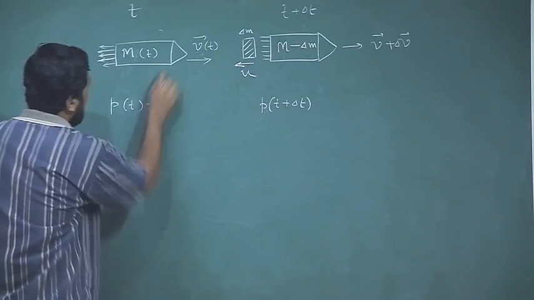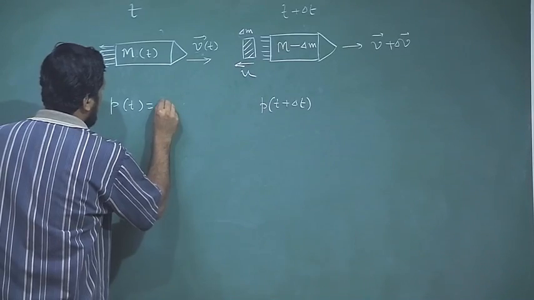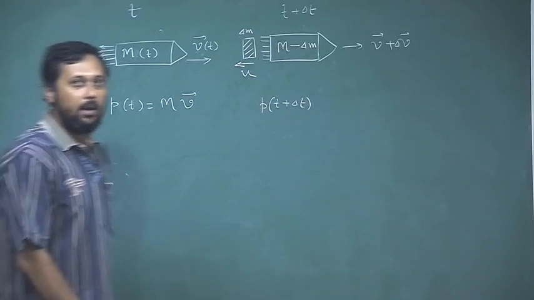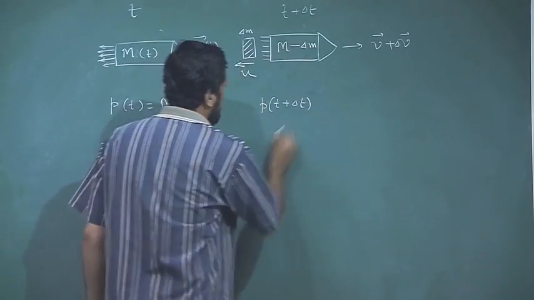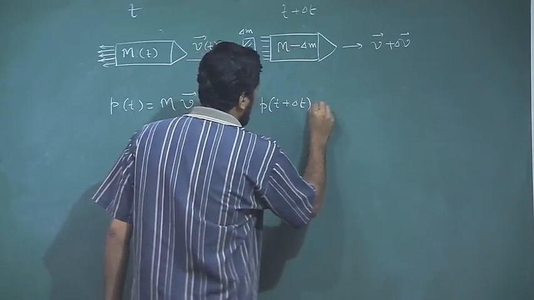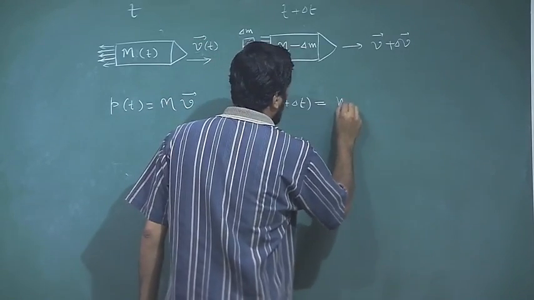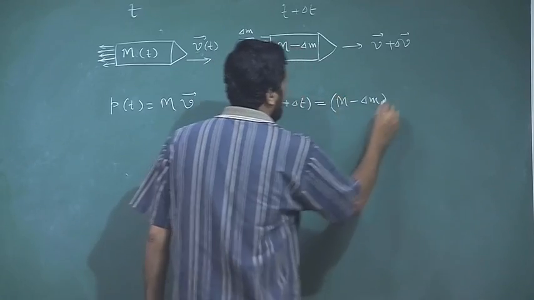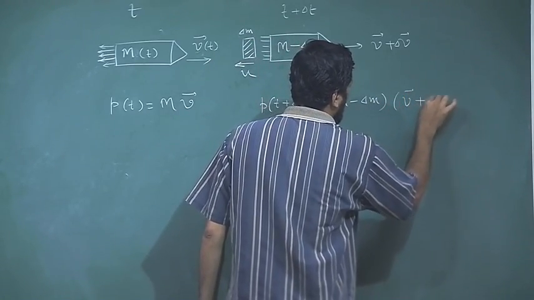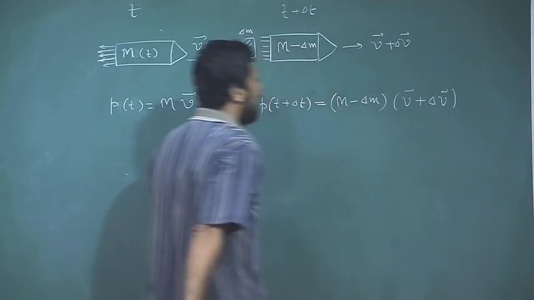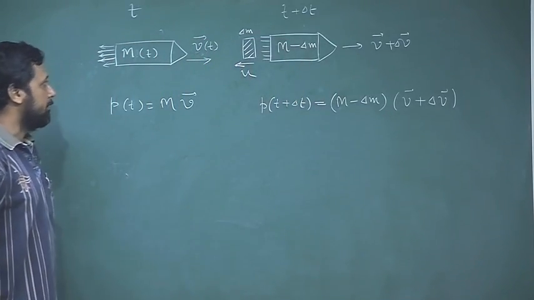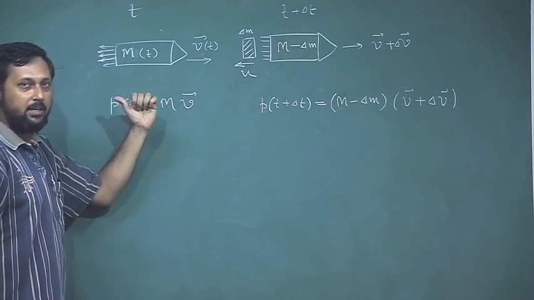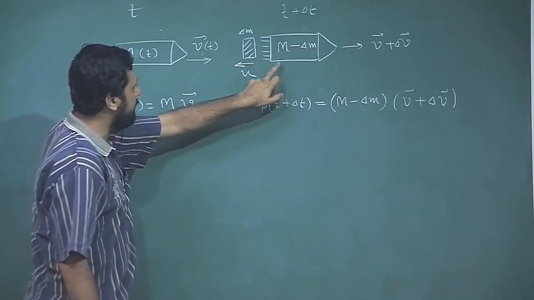In this case, p of t is simply M times v, and p at t plus delta t is M minus delta m times v plus delta v, but there should be an additional term here, because the exhaust is moving in the opposite direction of v with a velocity u, which is measured with respect to the rocket.